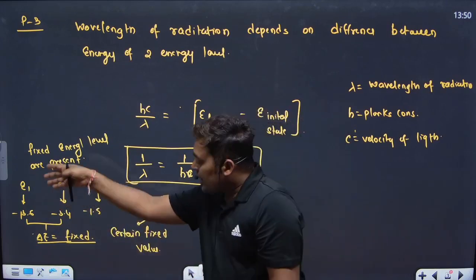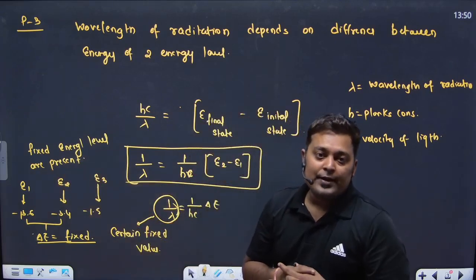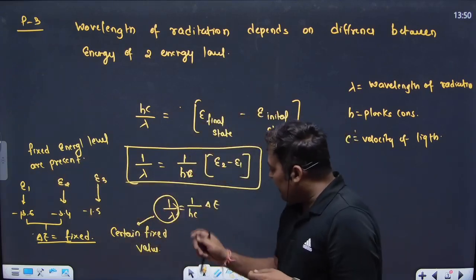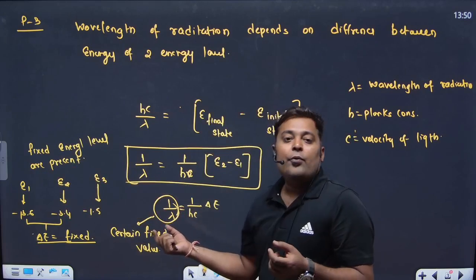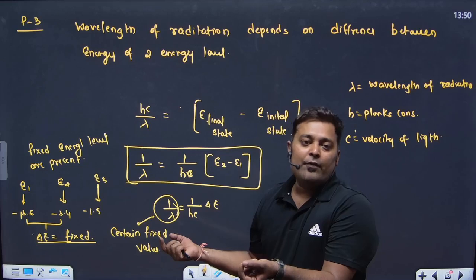Because every energy level has a fixed amount of energy. So if everything is fixed, we are going to get a few fixed wavelengths of radiation.